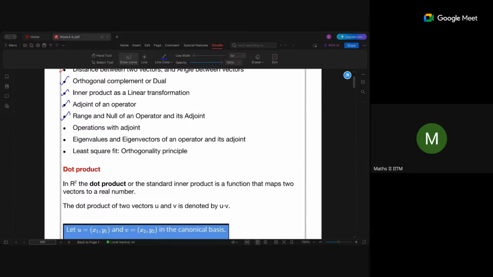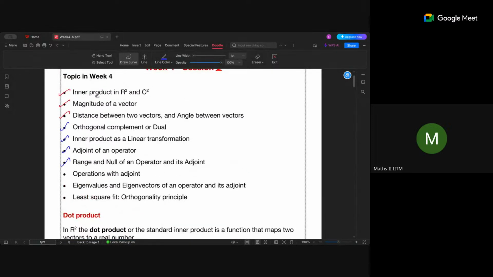Maybe you should have a set of examples, one or two examples for which you know everything. For example, inner product means inner product in R2 and C2. Take 2 vectors and write the inner product for R2 and C2, the magnitude of one particular vector, and the distance between any 2 vectors.